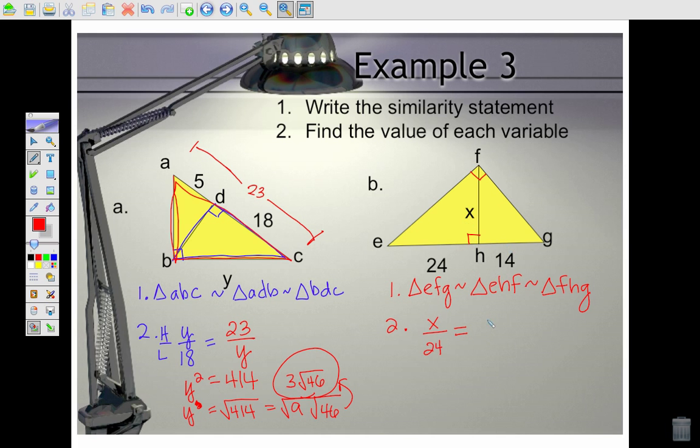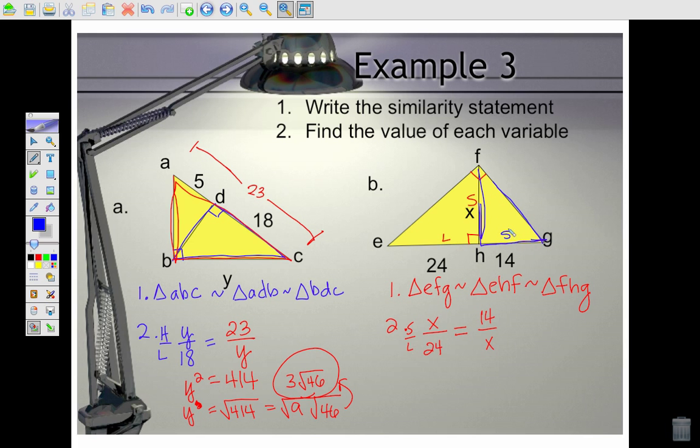And now we'll go ahead and set up our proportion. So we're trying to find x, so I'm going to go x over 24 equals 14 over x. And if we look at that, x over 24, x is a short side, long side.